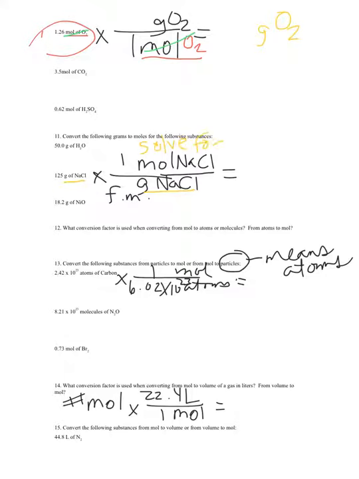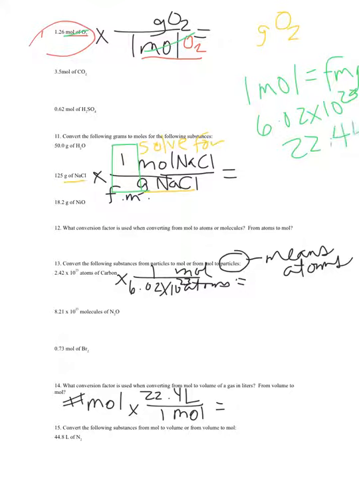Then you can plug in your number values here and here that make the top unit equal to the bottom unit, based on knowing that 1 mole is equal to 3 different things: formula mass in grams, Avogadro's number, 6.02 × 10^23 atoms or molecules, or 22.4 liters of a gas. So you've got to use those equal values to make your conversions.